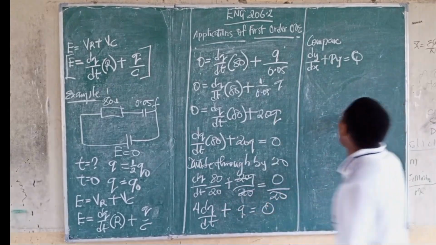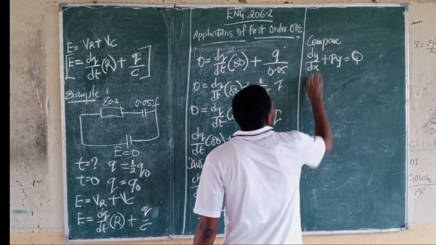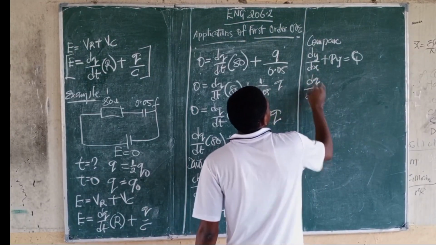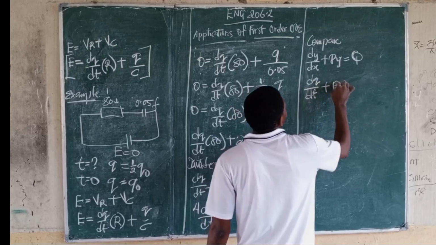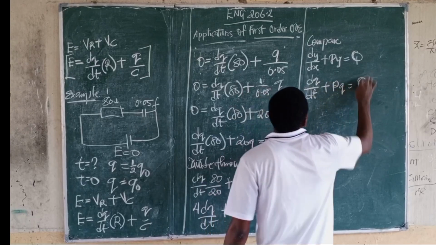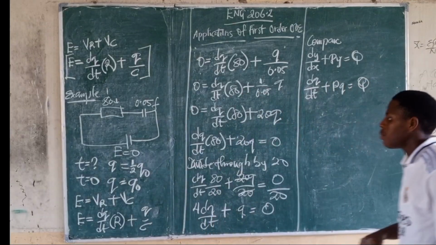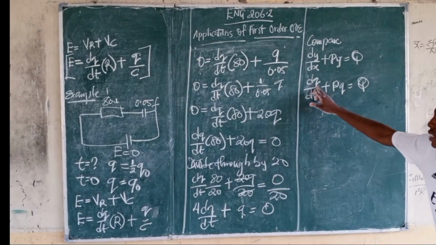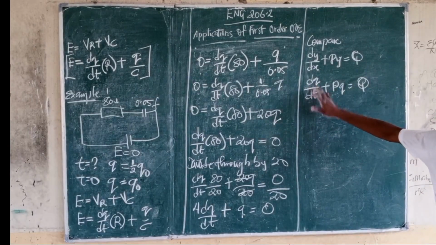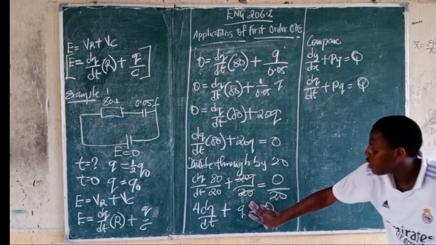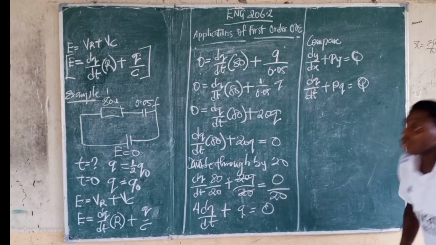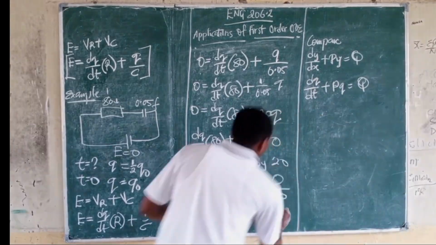So doing that, we are comparing with this equation: dQ over dt plus PQ equal to your BQ. Because that's our interest. Since this is our interest, we are comparing this with what we had here. But let's rewrite this equation to see something. Now let's rewrite what we have here.